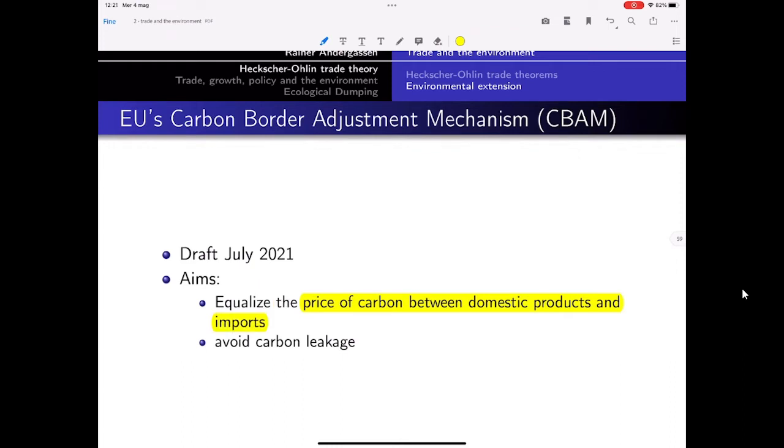Meaning we are importing products from abroad where these countries do not face carbon taxes or an emission trading system like EU producers face, and therefore what the EU wants to do is level the playing field with a kind of import tax.